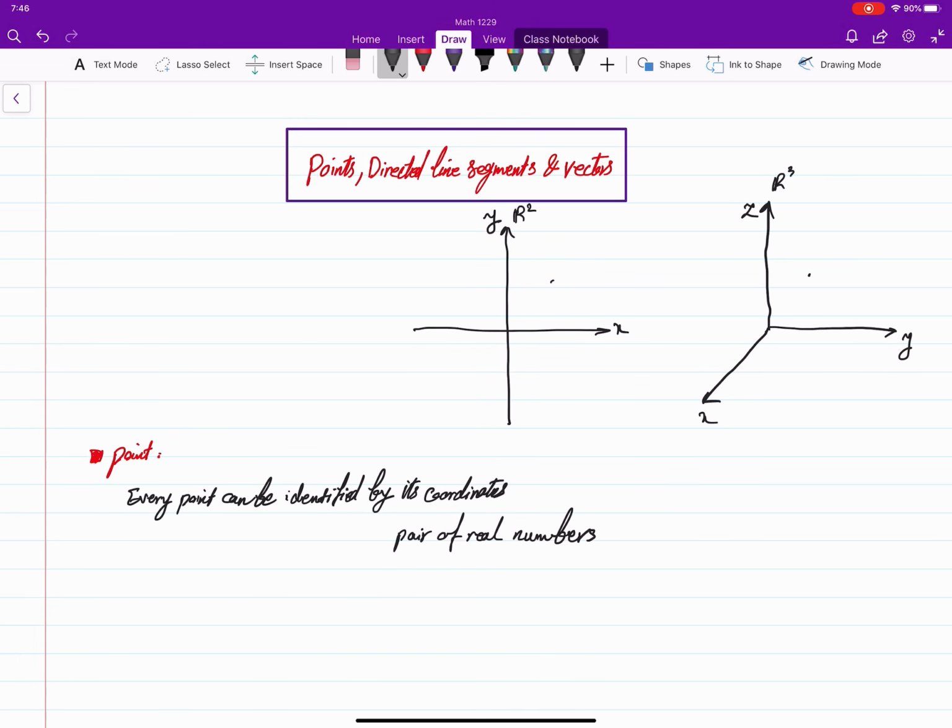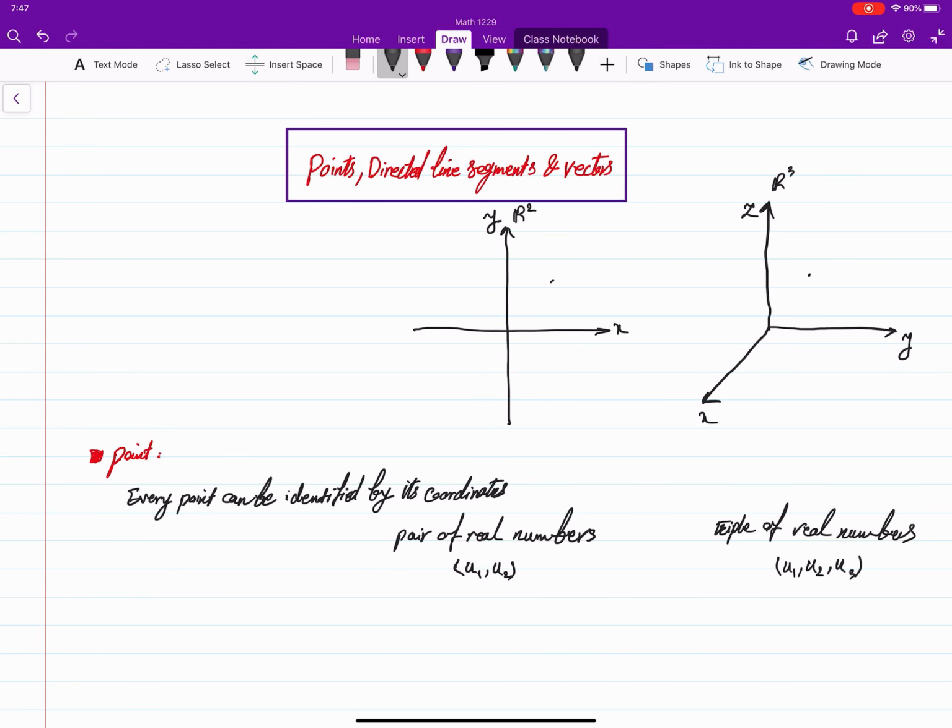In the case of R3, it is a triple of real numbers. Well, in other words, to identify each point, we have two numbers. It's important that this is ordered, and for R3 we need three numbers.